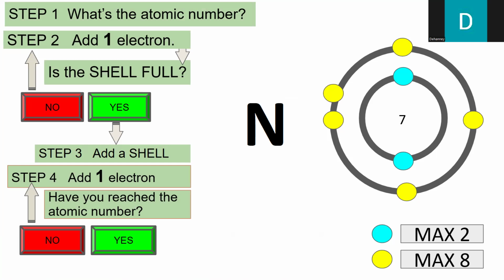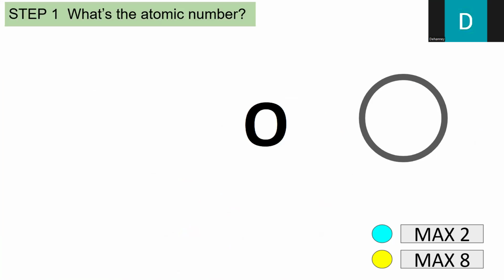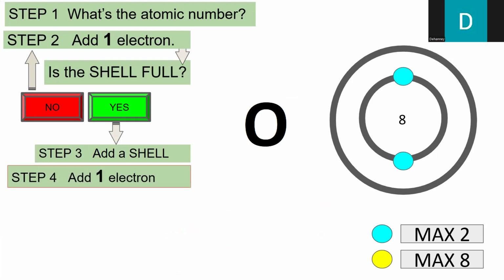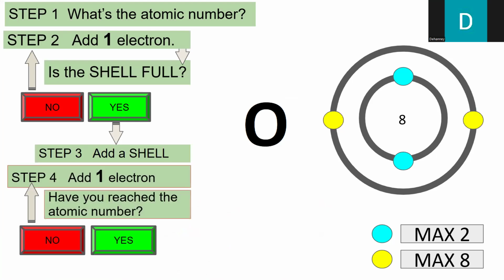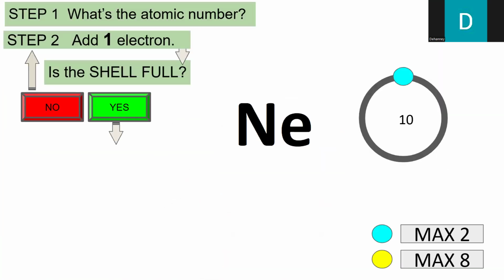Now we have 7 electrons and 7 as the atomic number. Let's level up. Oxygen. So it goes on, and all you have to do is guide the students as you go along. And you'll keep going until you get to the 3rd shell, where it gets even more fun.